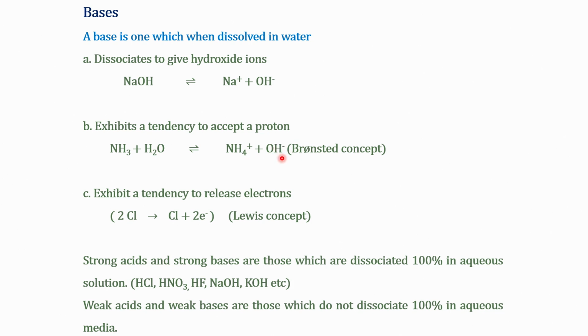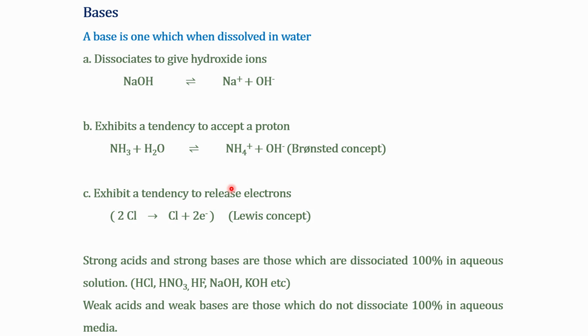All these definitions represent the acid base concept. We also have another definition, that is the Lewis concept. A Lewis base must exhibit a tendency to release electrons, that means it must be electron rich. For example, 2 chlorine atoms can give you chloride ions, taking 2 e minus. Okay.